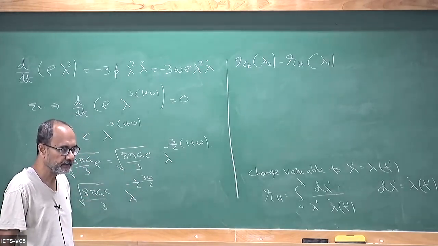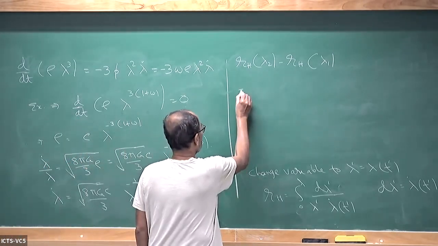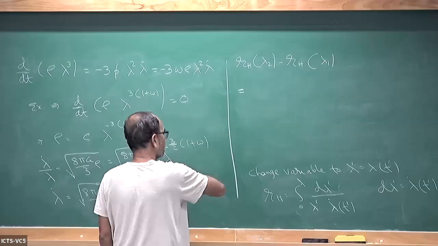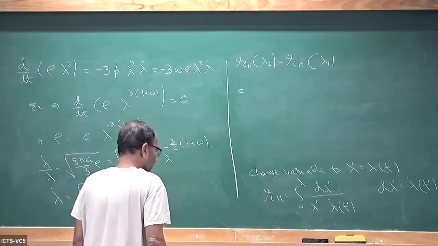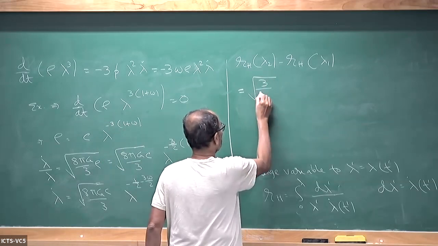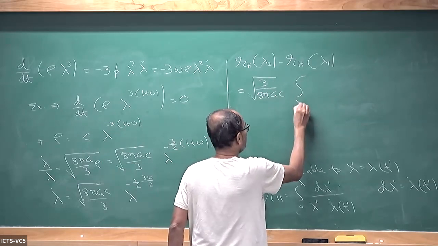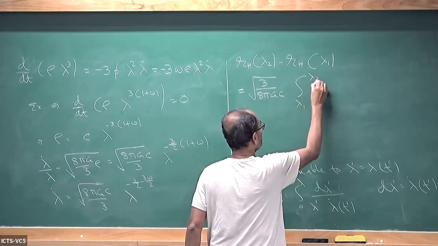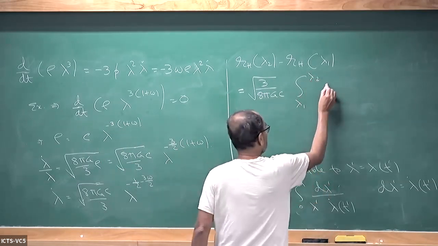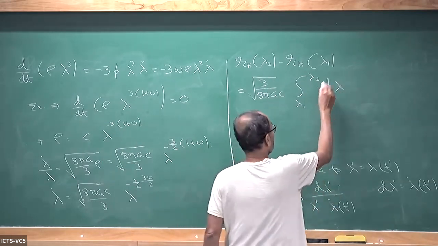Is that clear? So this gives you 1 over lambda dot, so square root of 3 over 8 pi GC, integral from lambda 1 to lambda 2 of d lambda prime.